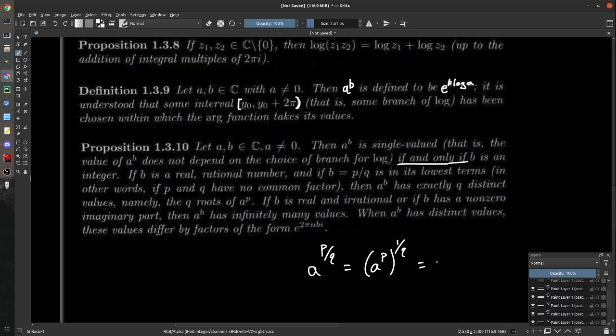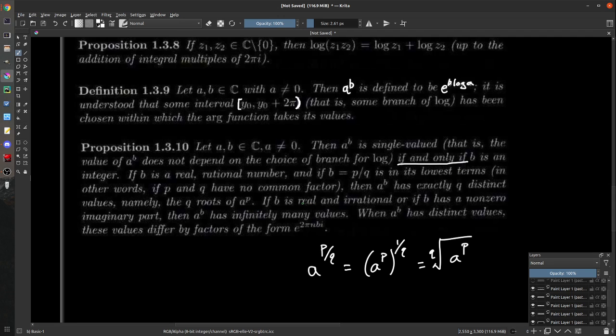And what we're saying is that this coincides with exactly what you would expect. It's the qth roots of a to the p, right? So we're saying that our exponentiation here is working the way we want. So this is going to give you the same answers as when we computed the qth roots and so on. So that's all this entire first part is saying.